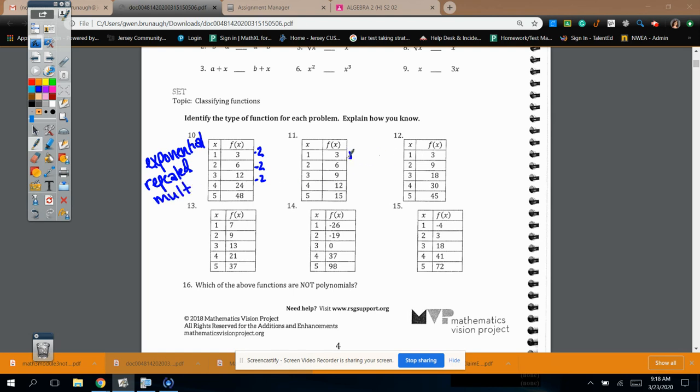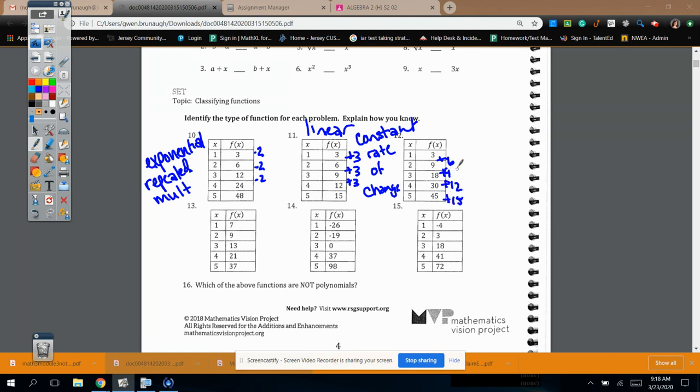Here we have a +3, +3, +3, constant rate of change. This guy is linear, constant rate of change. The slope is 3. Here, what I have, +6, +9, I can't math. +12, +15.